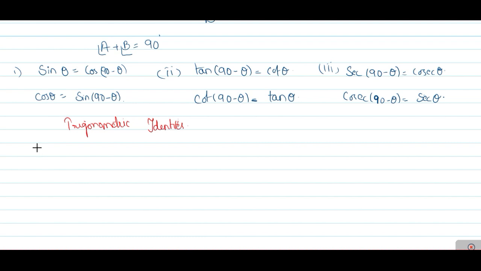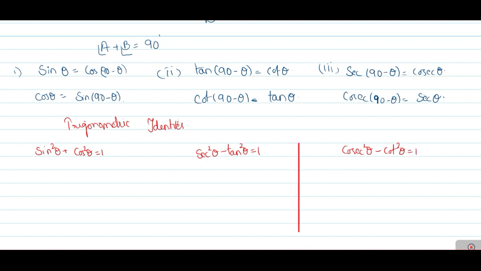The first is sine square theta plus cos square theta is equal to 1, then we have secant square theta minus tan square theta is equal to 1, and the third is cosecant square theta minus cot square theta is equal to 1.